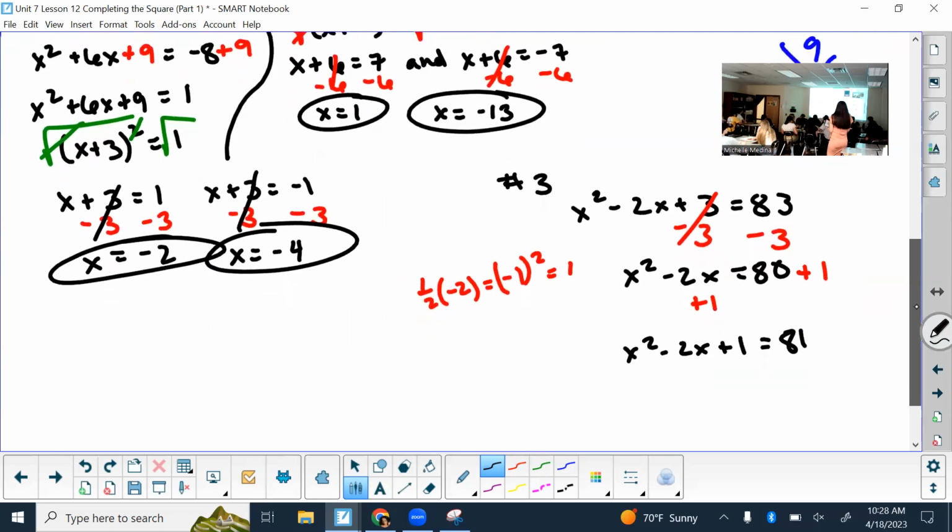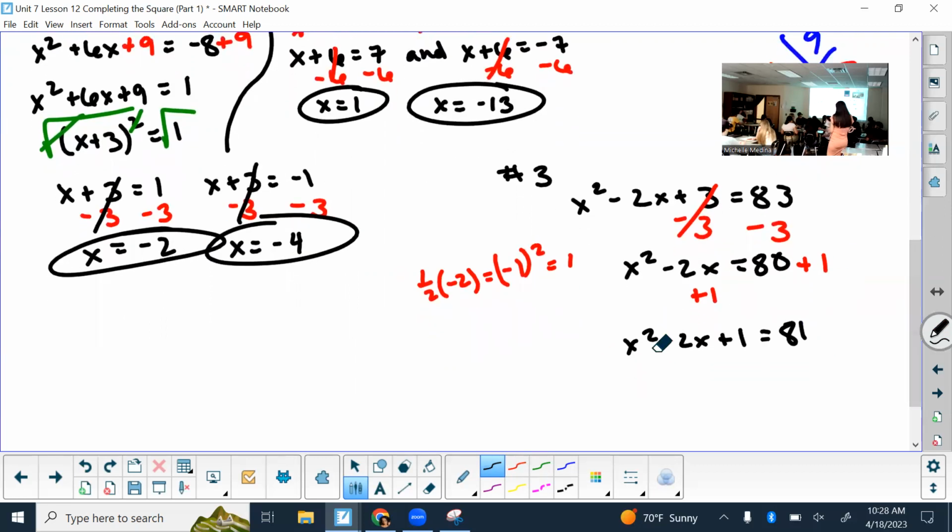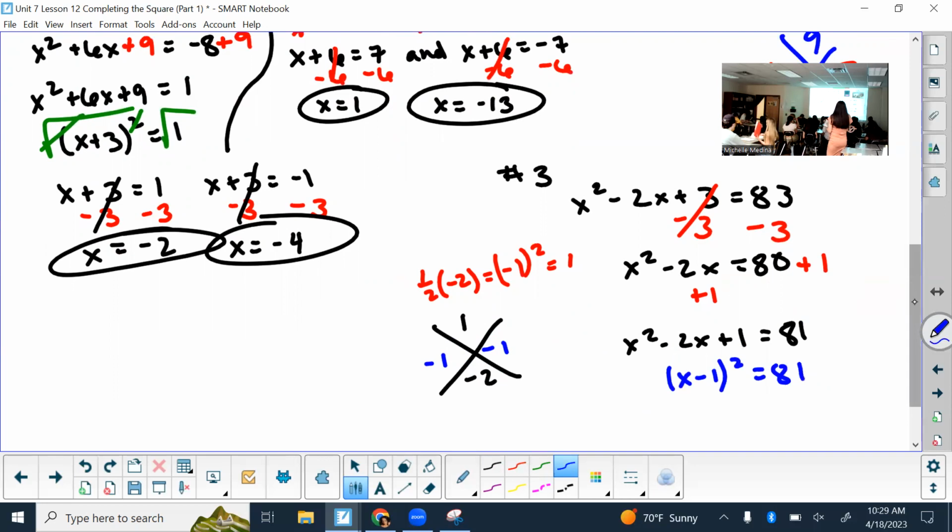So then factor the left side. What multiplies to 1 but adds to -2? What are the only numbers that multiply to 1? -1 and -1. And then if it adds to -2, they both must be negative, okay, good. So x minus 1 squared equal to 81. Now we're just solving for x.